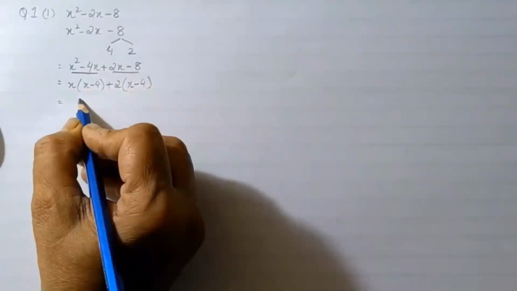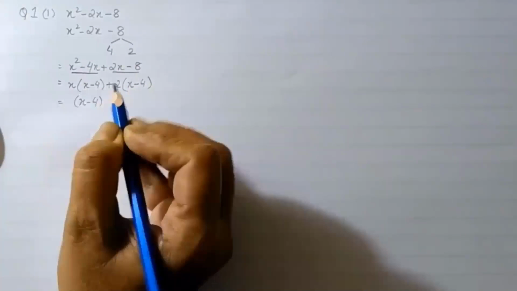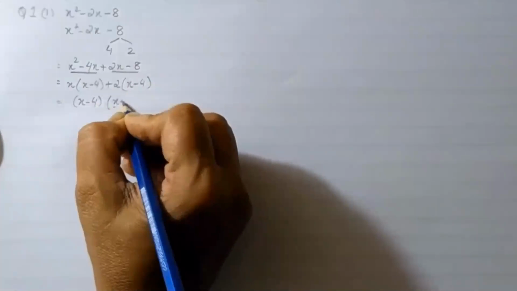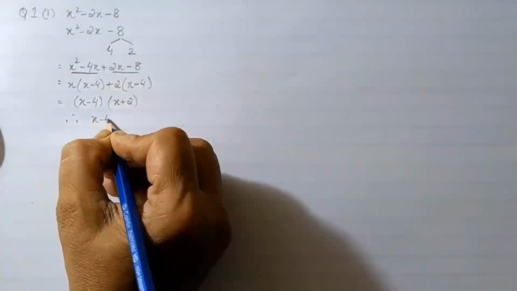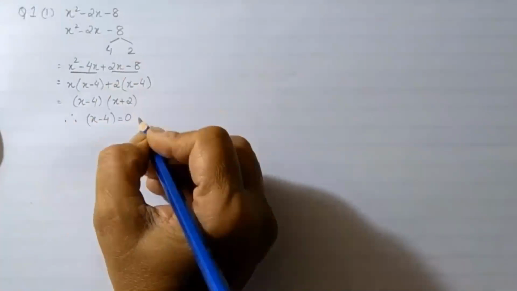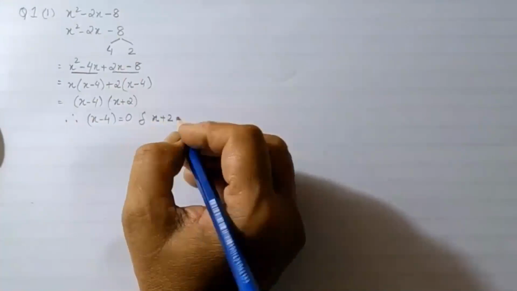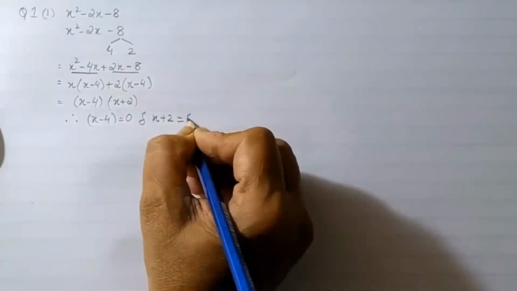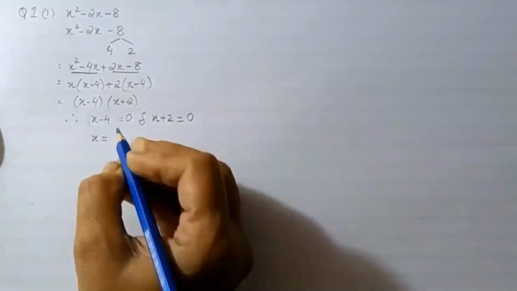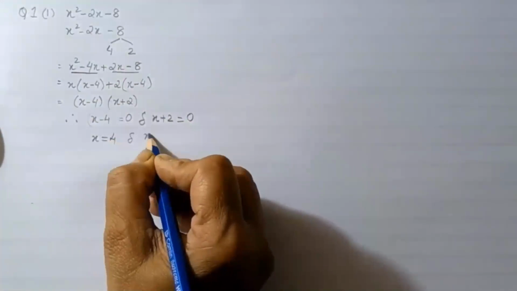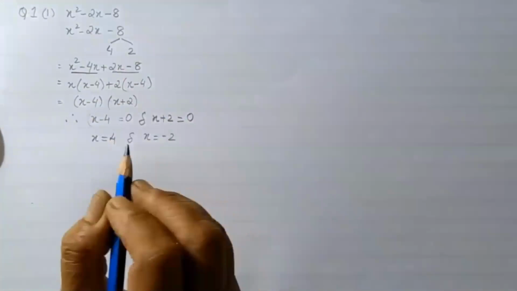So we get x minus 4 multiplied by x plus 2. Therefore, x minus 4 is equal to 0 and x plus 2 is equal to 0. So x is equal to plus 4 and x is equal to minus 2.